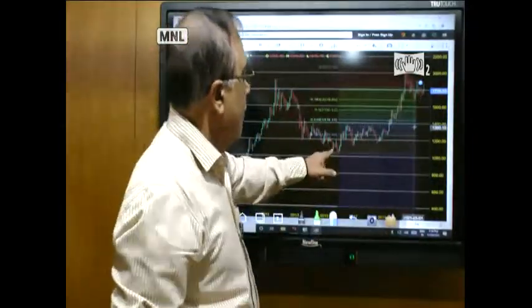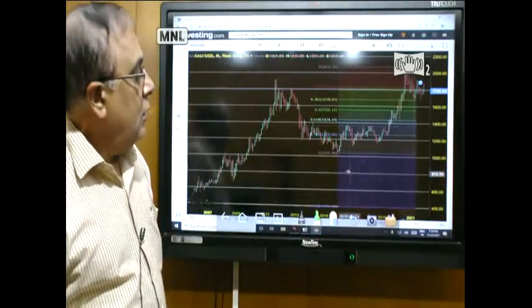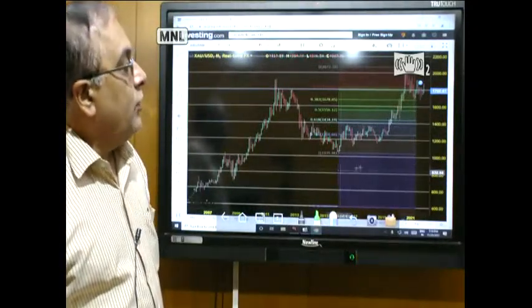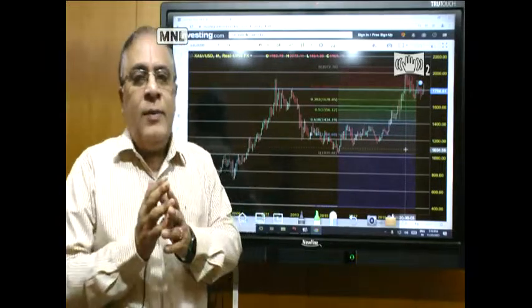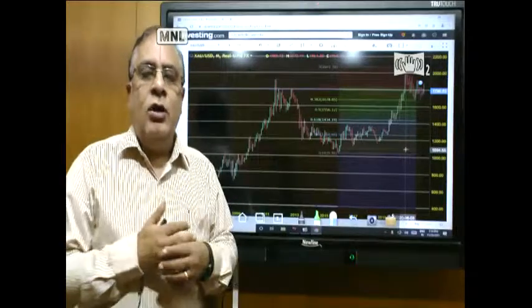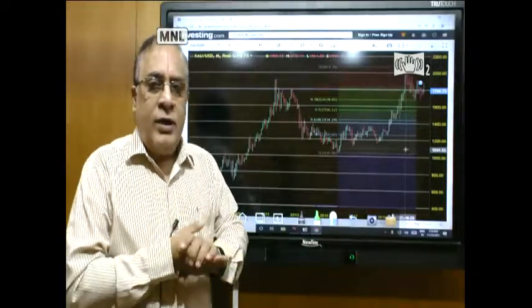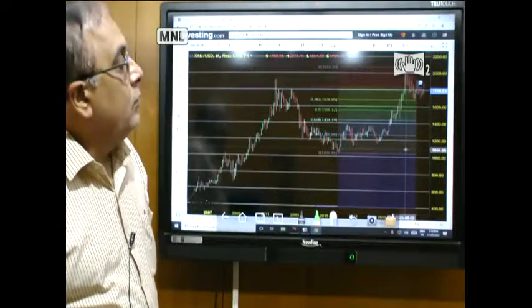This climb from this particular level is 1046 to 2073. So 2073 minus 1046 is approximately 235 points or so.